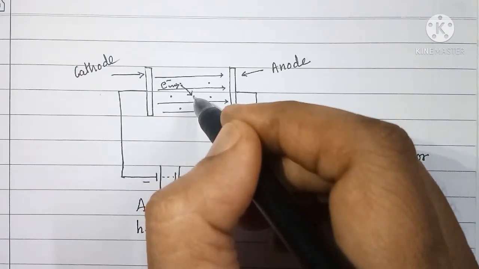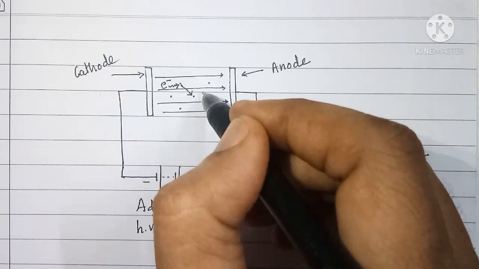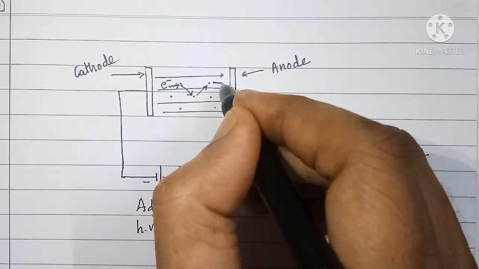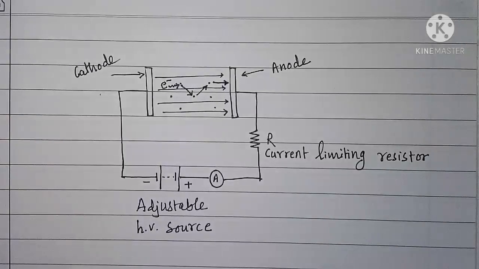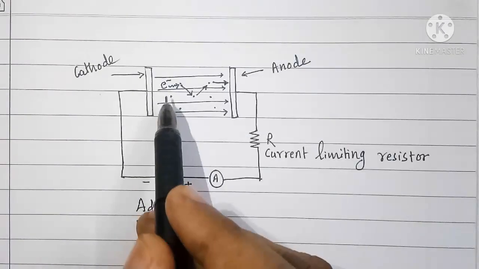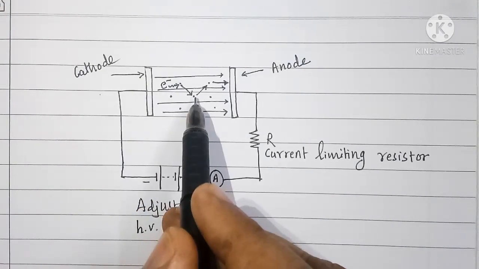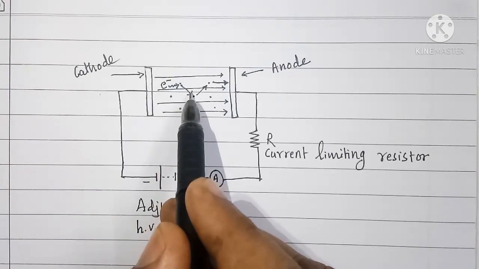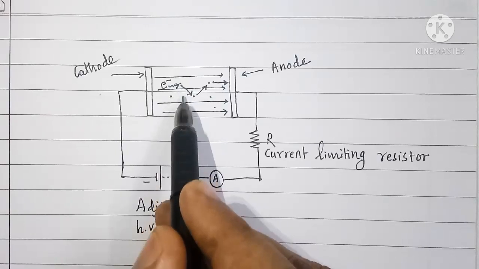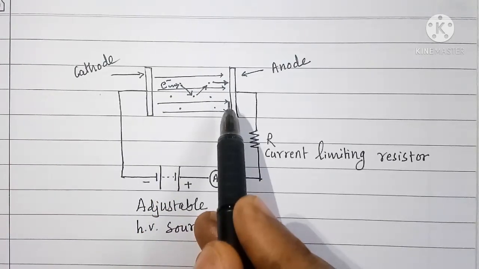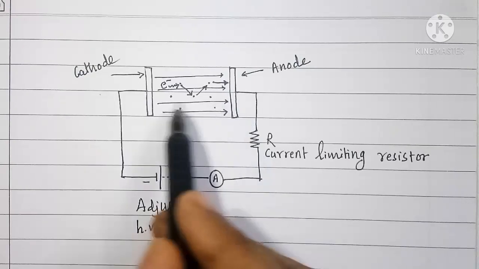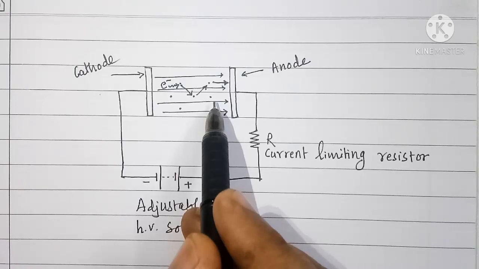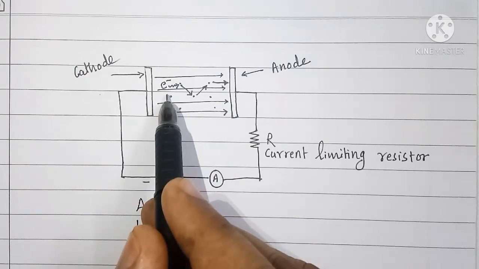Again it will collide with another gas molecule or atom, and so on, and finally it will reach anode. In between the gas molecules here, or gas atoms, when electron moves, it will be accelerated. That means its velocity will be increasing. It is so because there exists an electric field between the electrodes, and that electric field will be accelerating this electron.